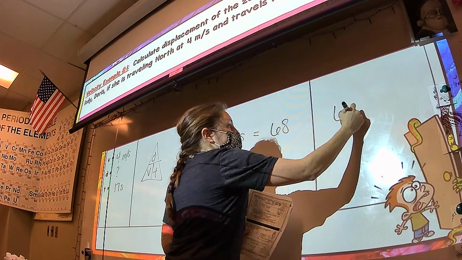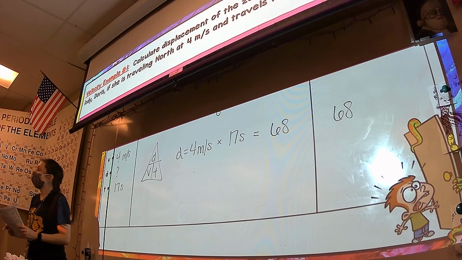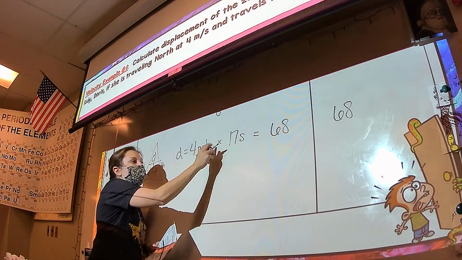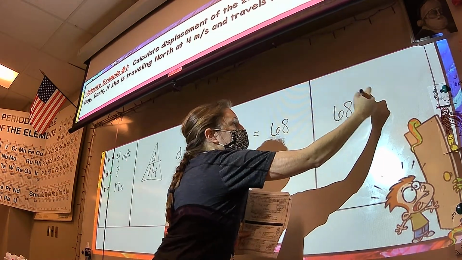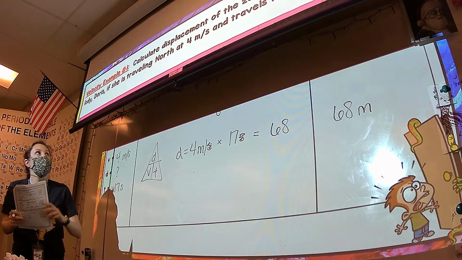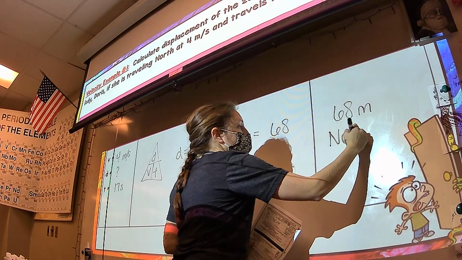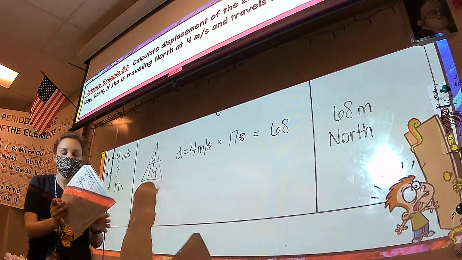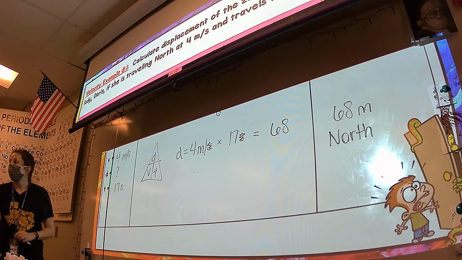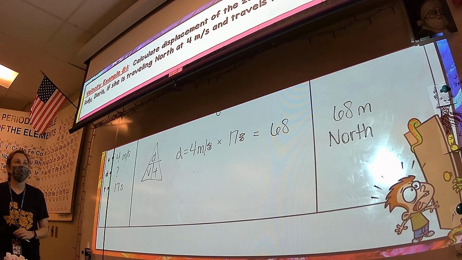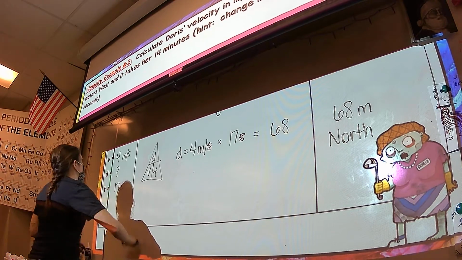So 68, what would my unit be? M. I can look at that by I have two S's, so they cancel each other out, and all I'm left with is M. So 68 meters, which direction? North. I just got that from the word problem up there. So 68 meters north. Okay, so y'all see how it's very similar to speed? Everything is very similar, just a few different words that we're going to use. Let's look at example 2.